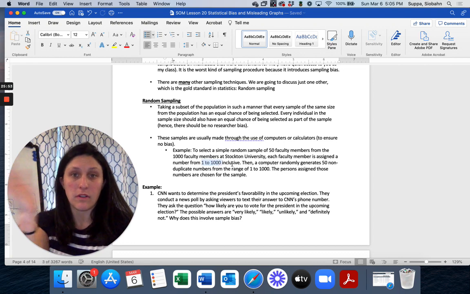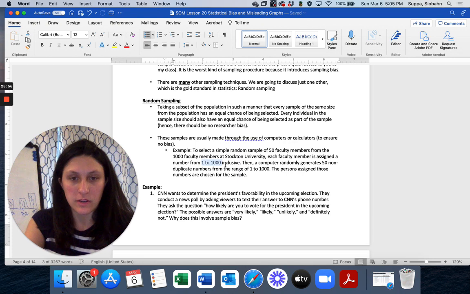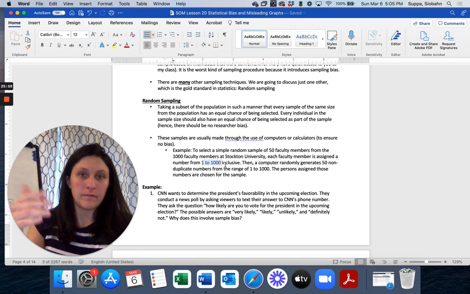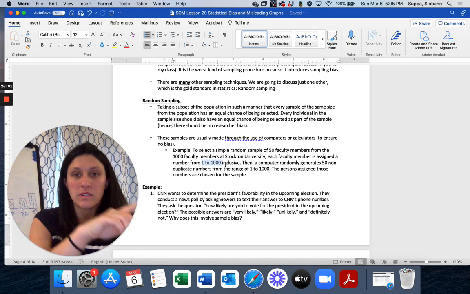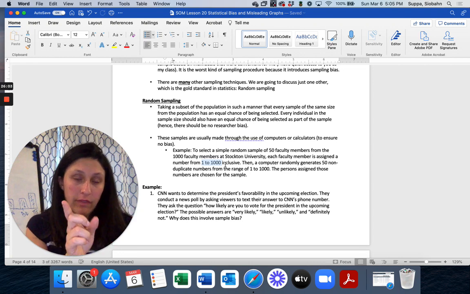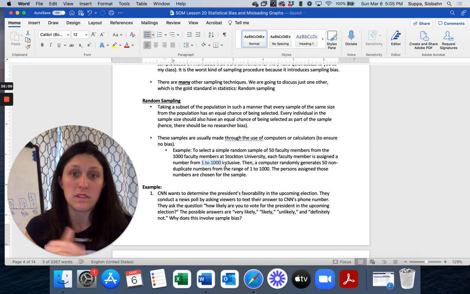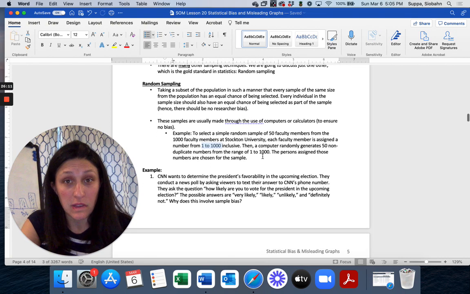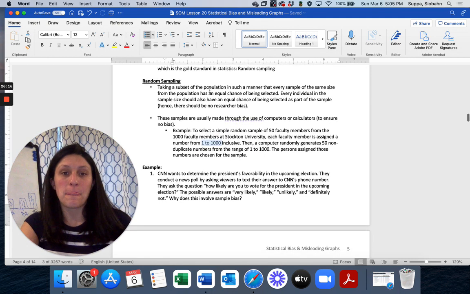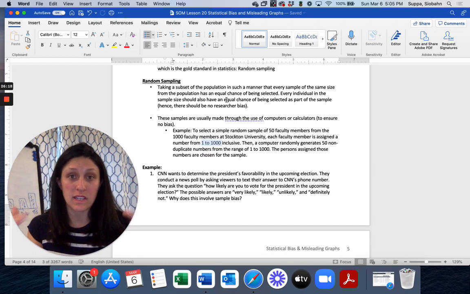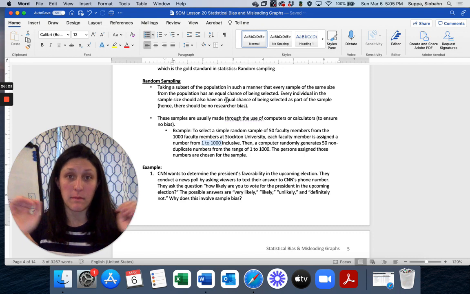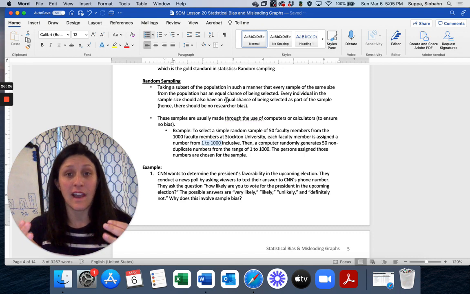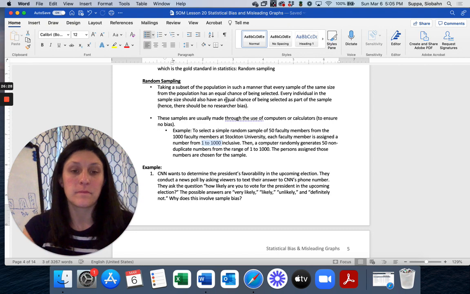So if the computer says, okay, your numbers are 2, 5, 50, you go find the person's name who's at 2, go find the person's name who's at 5, go find the person's name who's at 50, and those would be the people that are in your sample. You would invite them to participate. They might not all participate, but that's one way to generate a random sample. And random sampling, because every person in the population has an equal chance of being selected, helps to get a variety of different people in your population so that you're doing your best to accurately represent the entire population.